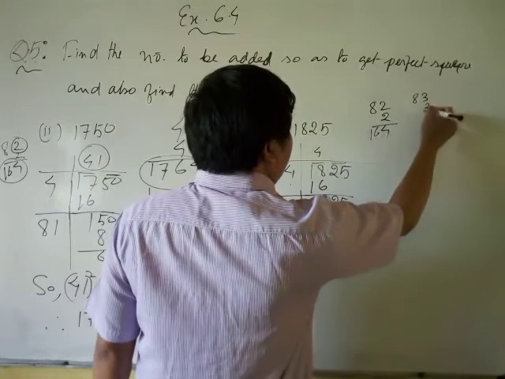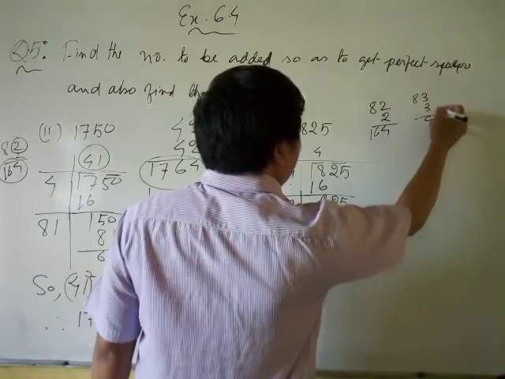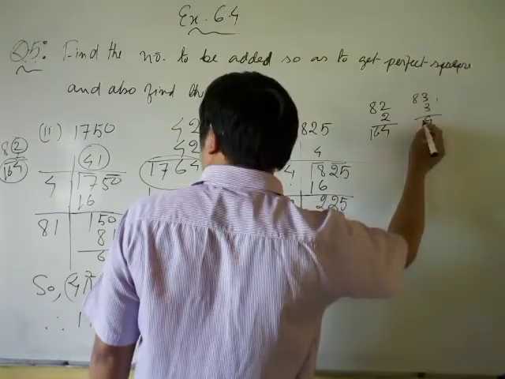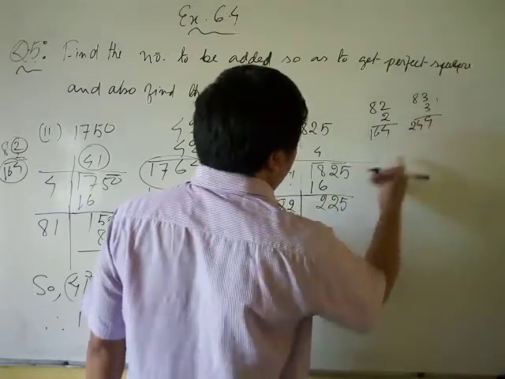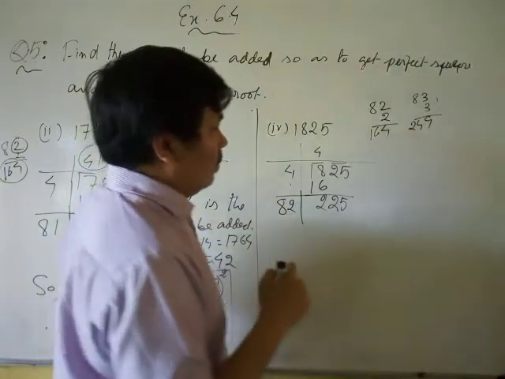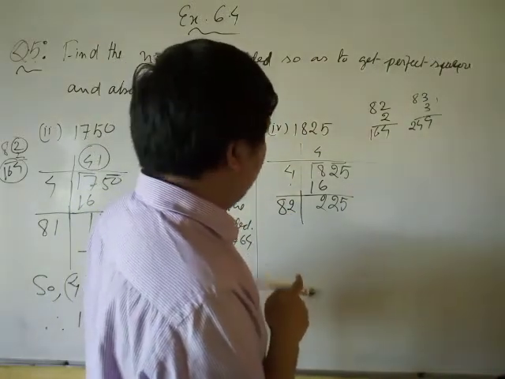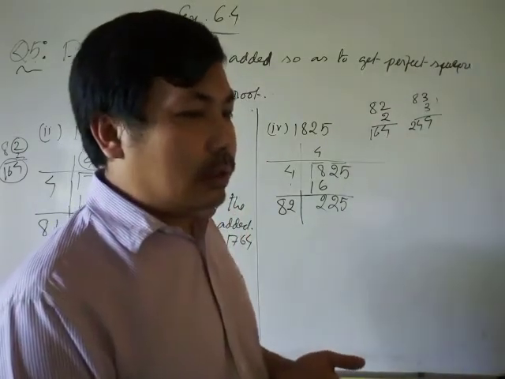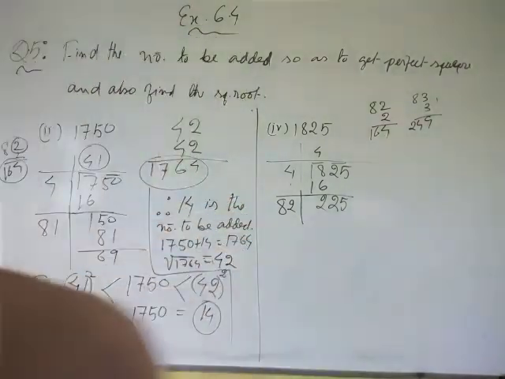What about 3? 3 multiply with 3, then 3 3s are 9. Then here is 24. Yes, 24.